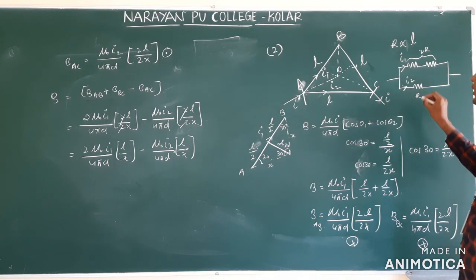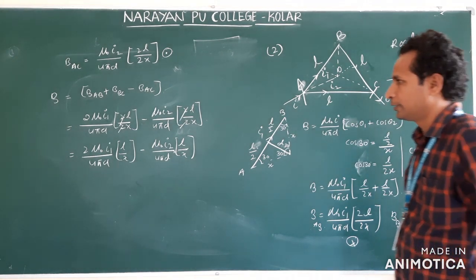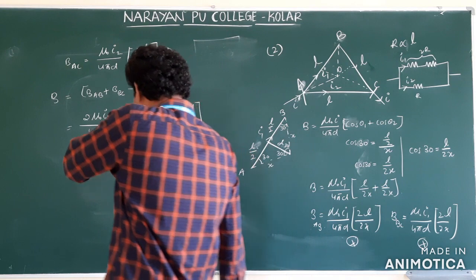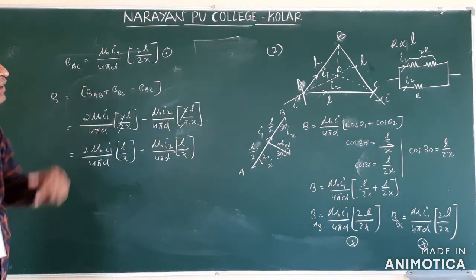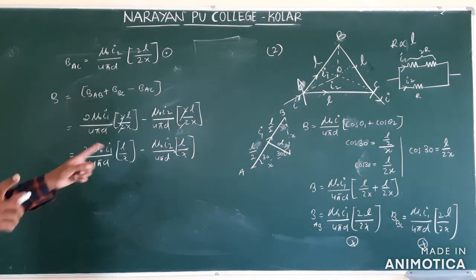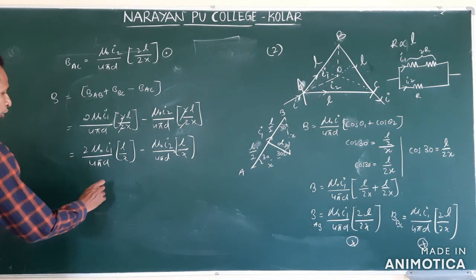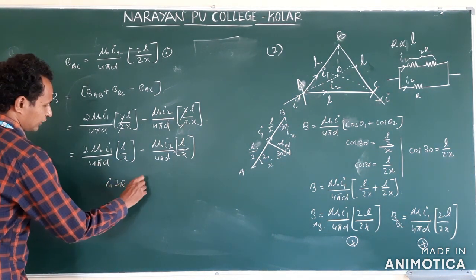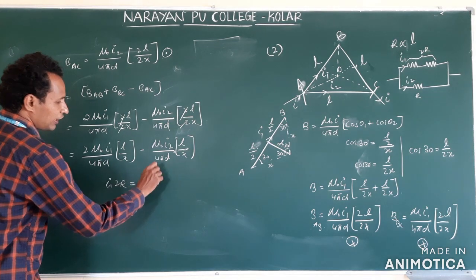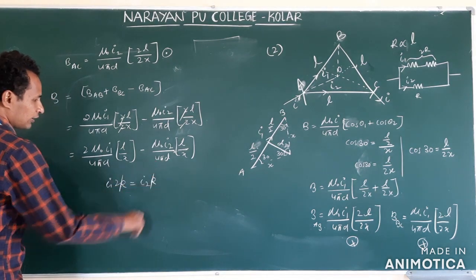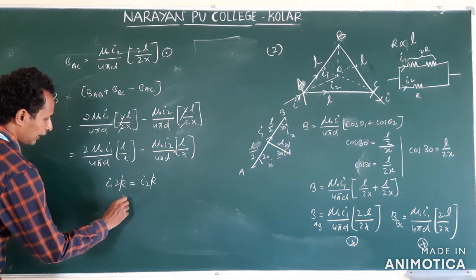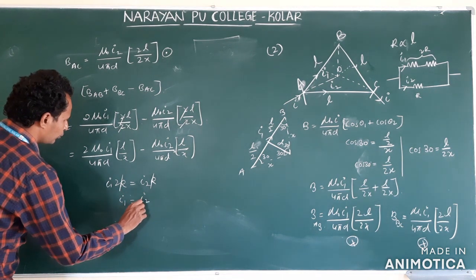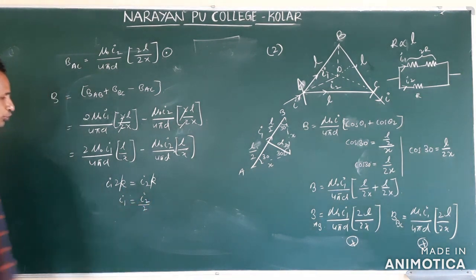This resistance will be R. Clear? Now which combination? Parallel. In parallel combination, what is constant? Potential is constant. So the potential of the first arm, I1 times 2R, is equal to the second arm, I2 times R. Cancel. Then I1 is equal to I2 by 2.